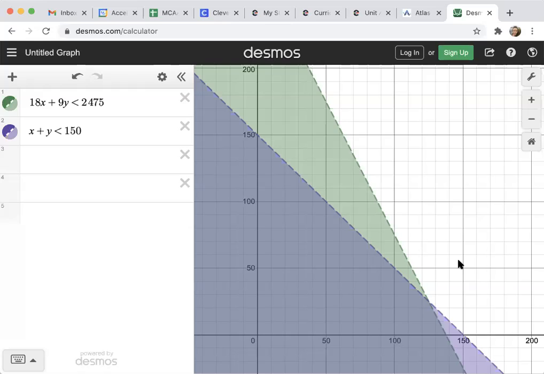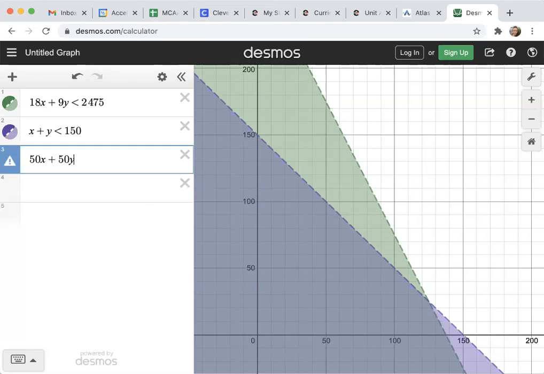I would say you could do 50x plus 50y is less than or equal to 5,250, because it costs the same no matter what, $50 per guest.